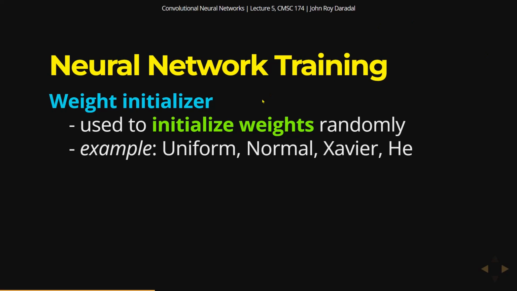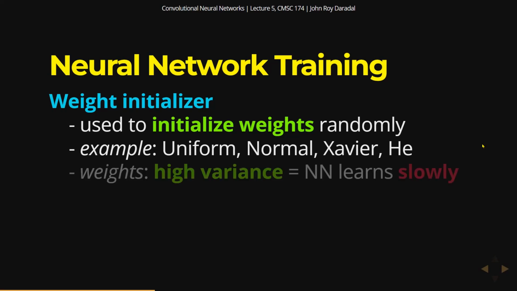So it would be a good idea to just initialize some random numbers for the weights. Some examples of weight initializers could be drawing randomly from a uniform distribution, or a normal or Gaussian distribution. And then there are also specialized weight initializer algorithms like the Xavier and the He initializers. It turns out through research they found that when weights have high variance, or they vary too much, the neural network learns slowly.